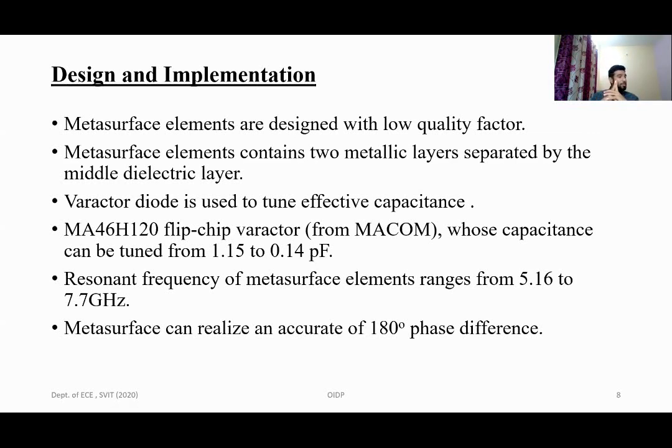The top metallic layer is grounded to enhance retroreflection. Due to EM waves, the metallic part can be modeled as an inductor, and it can also act as a capacitor. So this becomes an RLC circuit, and here the resonant frequency arises.